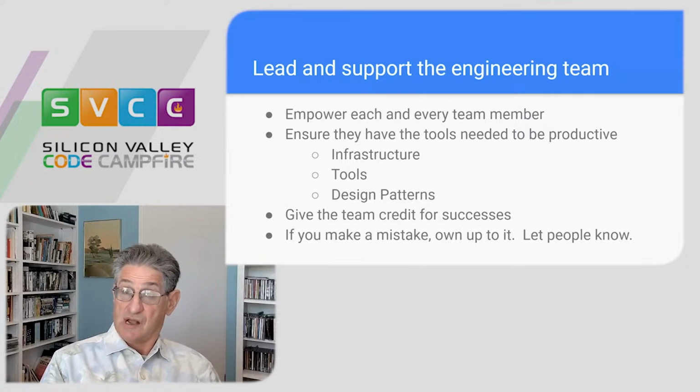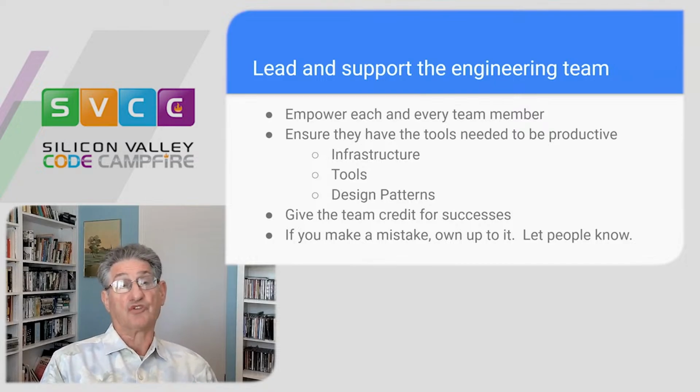Then, of course, all architects have to ensure that the right infrastructure and development tools are present in the organization so that the team can be effective and productive. So the architect needs to lead on this. They need to create, build, deploy, and develop whatever tools and operational infrastructure is necessary and have it operating and working effectively for the system.